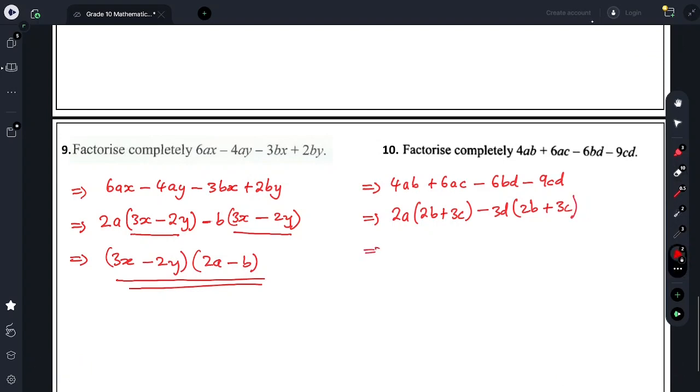Then again you'll see that what is common is this one and this one here, so you pick it as 2b plus 3c. So when writing in an exam, don't put this line here, I'm just showing you. Then open brackets, here you remain with 2a minus 3d, like that. Okay, so this is how this is done.